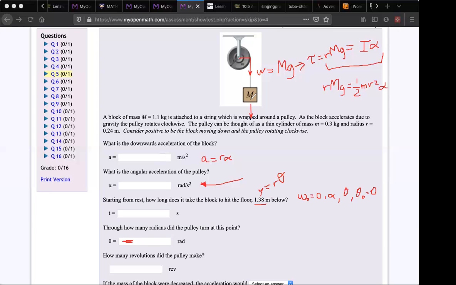The linear motion of the rope is caused by the linear force of the weight on the end of the rope. That weight translates to a torque. That's the rotational Newton's second law right there. And once you use torque to find alpha, then you have your angular acceleration, and you can start using kinematic equations. I'm going to let you figure out what equation to use here, but it's just one of the rotational kinematic equations that has time in it.